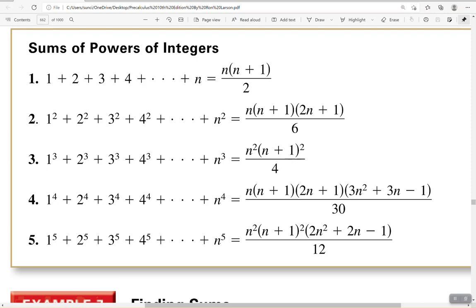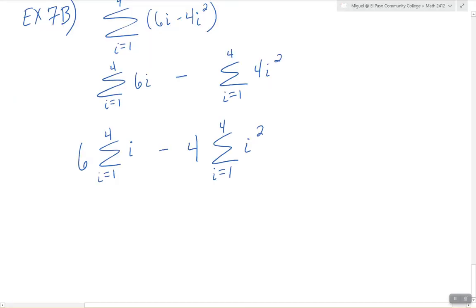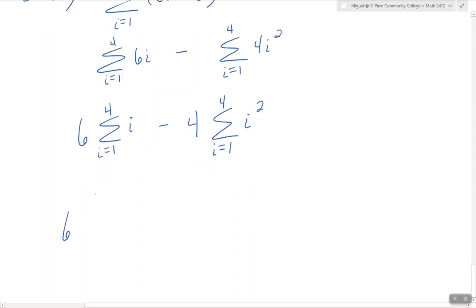n, of course, is how many terms you have, right? We started at 1, 2, 3, 4, so we're going to have 4. So we could do this formula with n equals 4, and then we can do this formula for the second sum with n equals 4 as well. Does that make sense? So we'll plug those in. For the first one, we do have 6 up front, right?